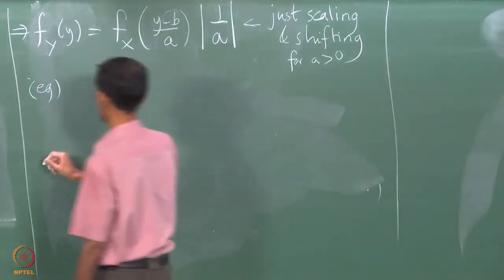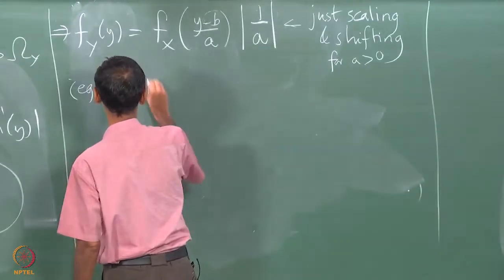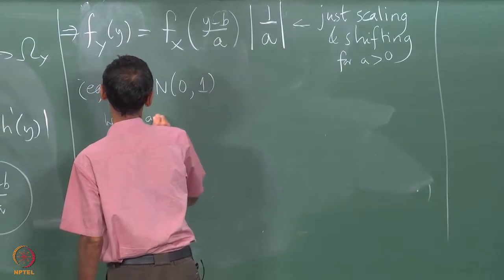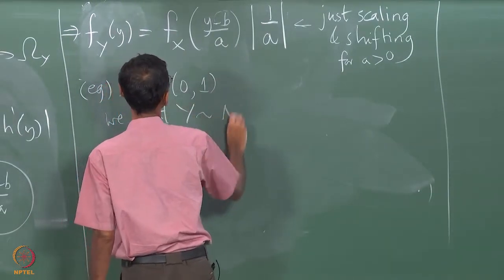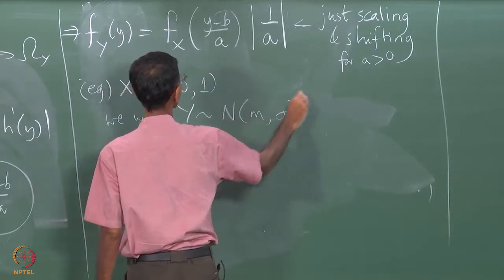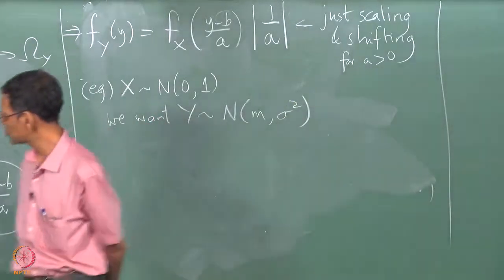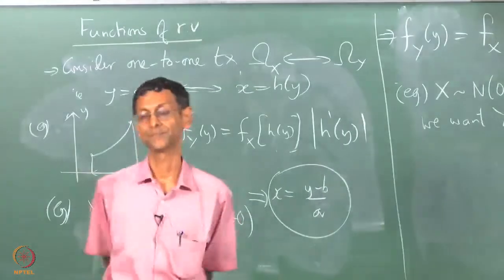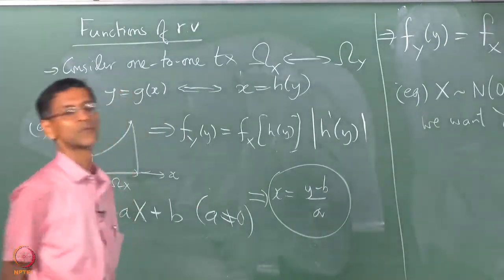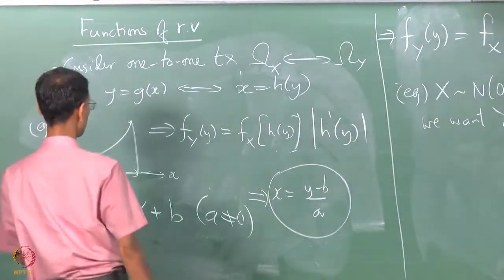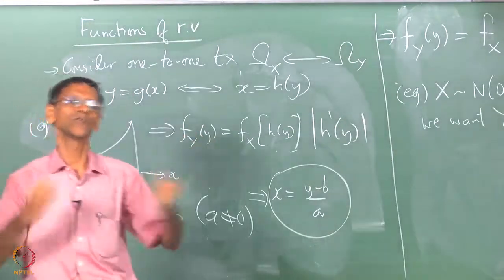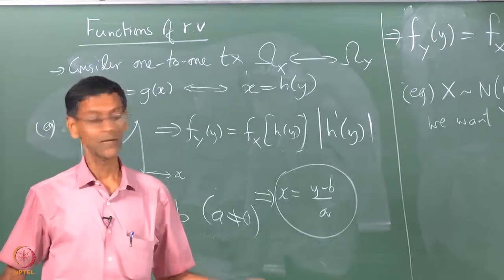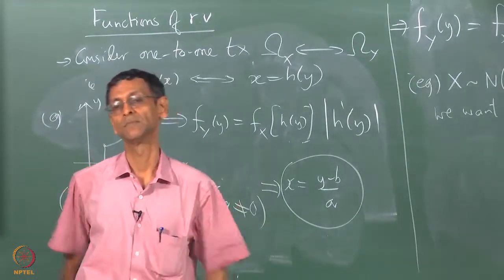Now coming to the Gaussian case, supposing x is N(0,1) and we want y to be N(m, sigma squared). What should you choose A and B to be? If a Gaussian is the input, any amount of scaling and shifting will only give you another Gaussian out, but with a different m and different sigma.